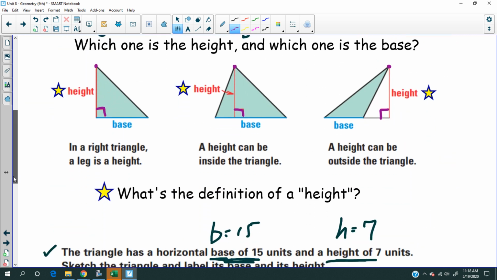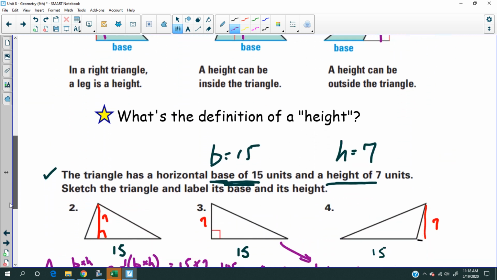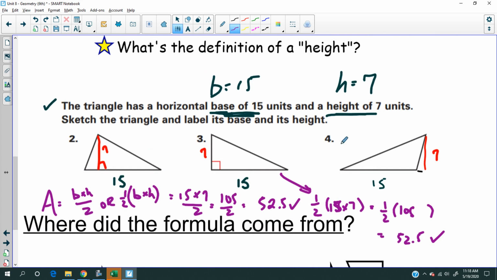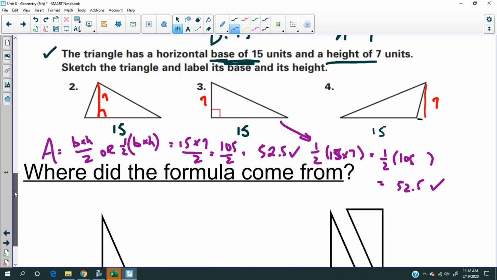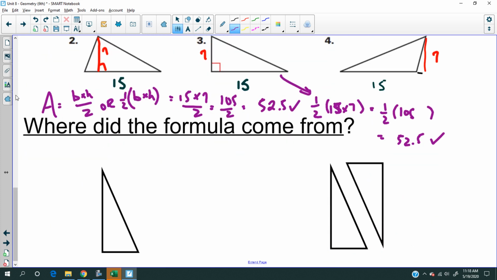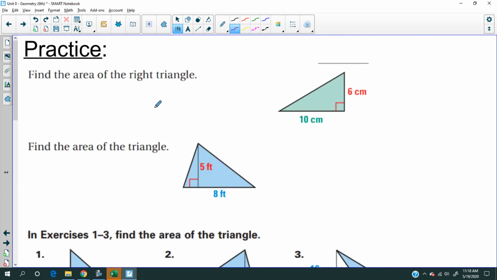And then lastly, right, we did some exercises that talked about if I were to give you 3 examples of 3 different types of triangles, could you identify the base and the height? And then we did 1 example together of using the formula. So tomorrow I'm going to explain to you where the formula came from, and then we'll get some practice in.